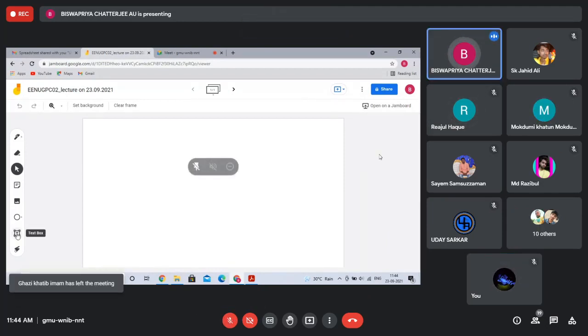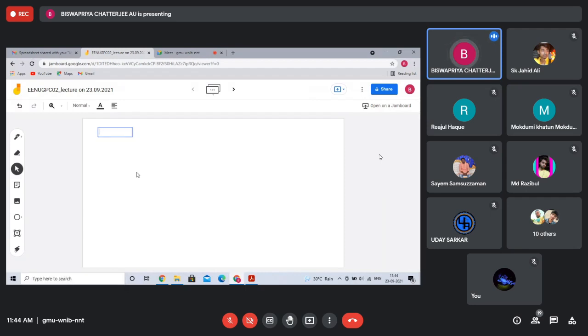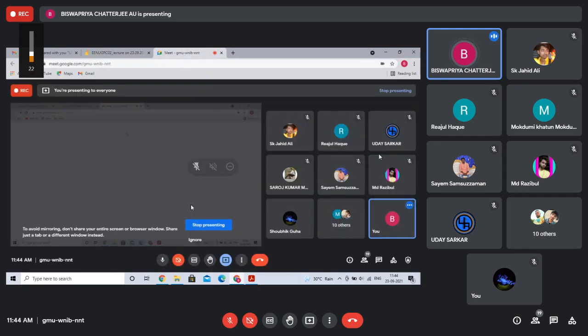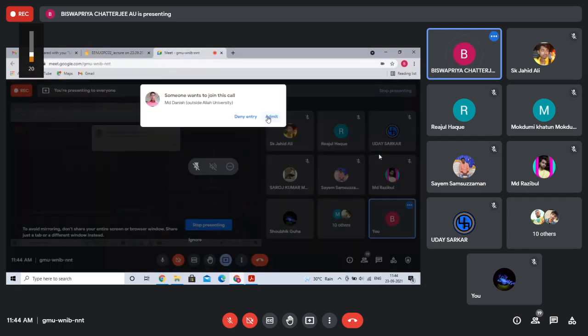So last day we introduced three different coordinate systems: Cartesian, then the second one was cylindrical, and the third one is spherical. These three systems were introduced.